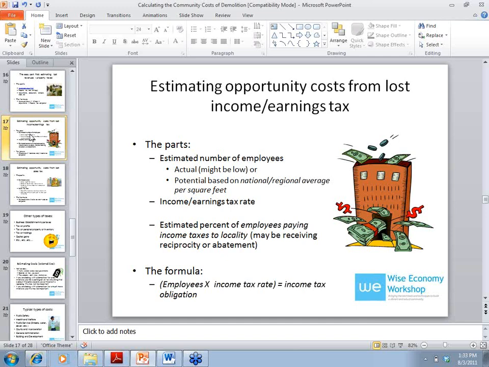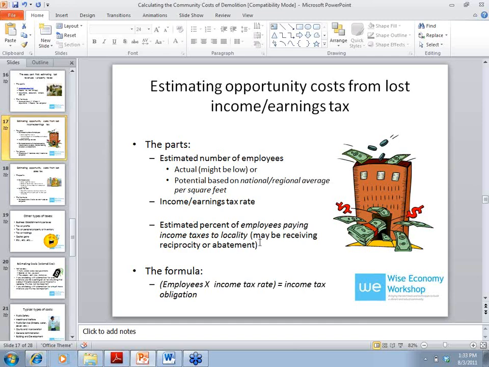And that's actually a fairly easy thing to find just by going into a search engine. So you say earnings income tax rate for Village of Evendale, and you will find it very quickly. Those are typically pretty easy pieces of information to get.